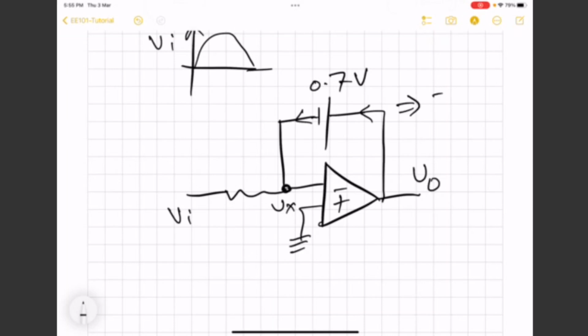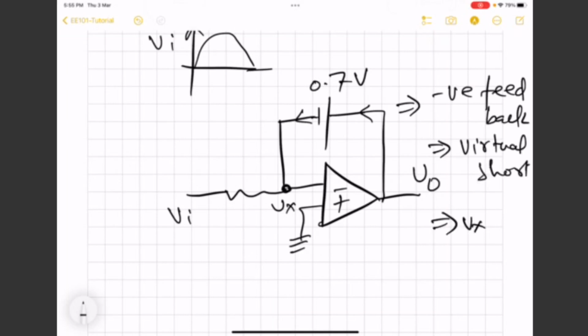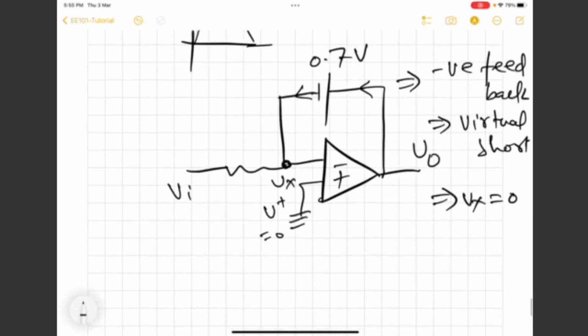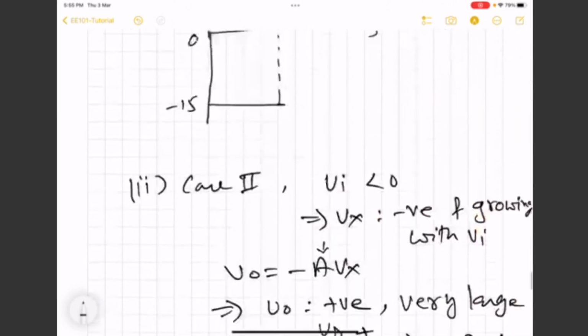So this implies negative feedback exists. So this implies virtual short. So this implies Vx to be 0 because V plus is equal to 0. And since Vx is 0, Vo is going to be Vx plus 0.7 volt, so Vo is going to be 0.7 volt.